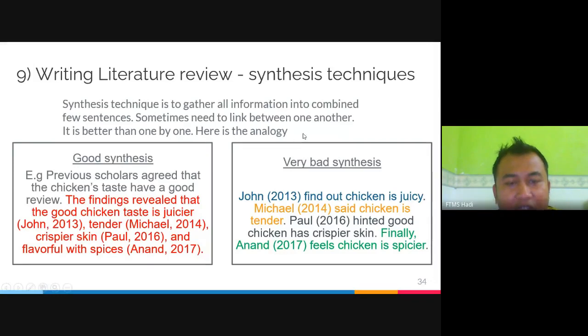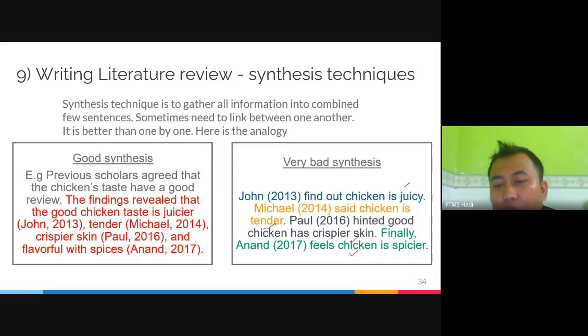I will give you an analogy. Very bad synthesis first. I'm using the analogy of chicken taste because you eat chicken every day. John found out chicken is juicy. Michael said that chicken is tender. Paul 2016 hinted that good chicken has crispier skin, and finally Anand feels chicken is spicier.